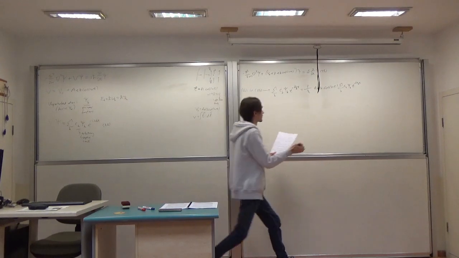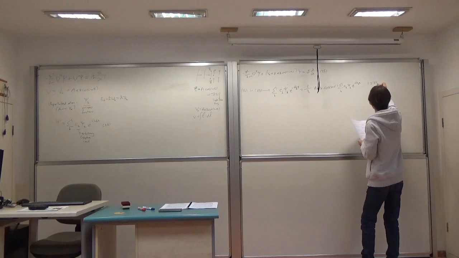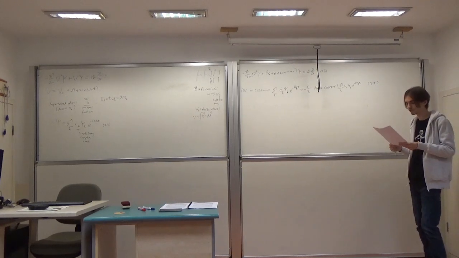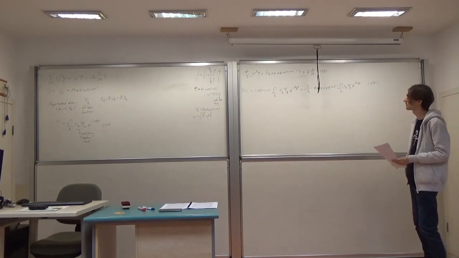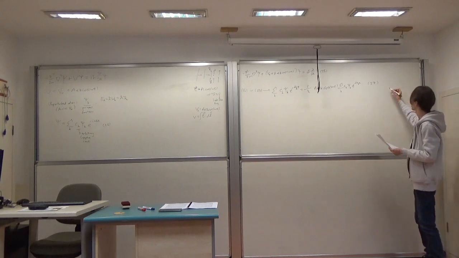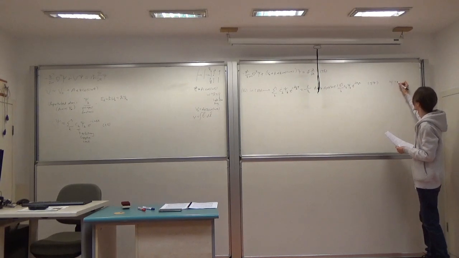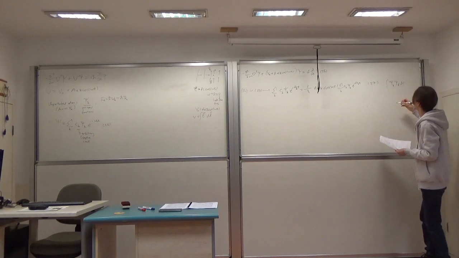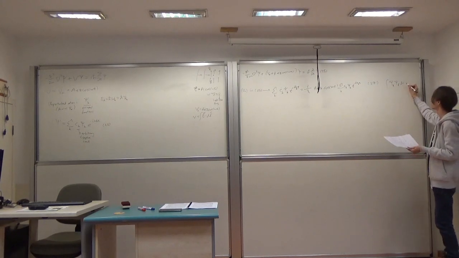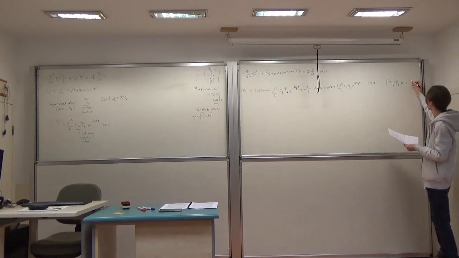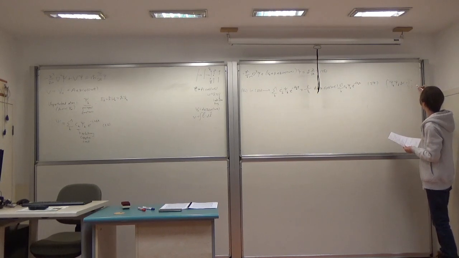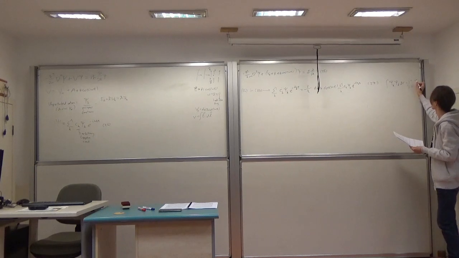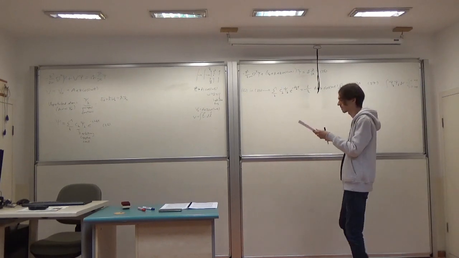So I'll just use the orthonormality of the psi functions. That means if I integrate them over all space, I'll get either 1 or 0: 1 if they are equal to each other, and 0 if they are not. It's orthonormality.